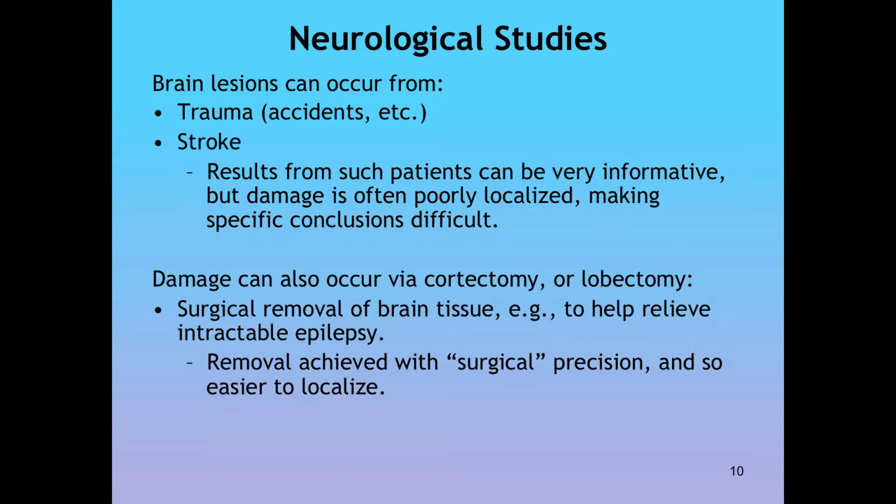And I acknowledge this is not the most ethical thing to do to people or animals, but if you're doing something to relieve them of epilepsy, for example, this is a good population to study because they're already getting this surgery to help them, so then you can study their functioning afterwards and how things differ. And of course, we're still dealing with the issue of these brains technically not being healthy and normal, so the conclusions that we can draw from these brains and associate them with normal brains is tricky.